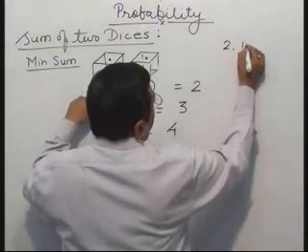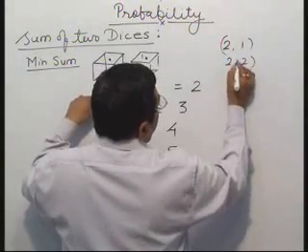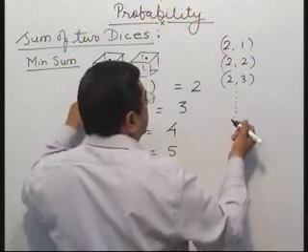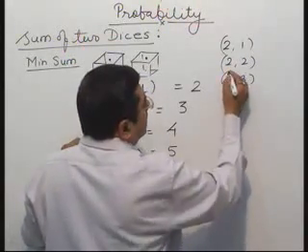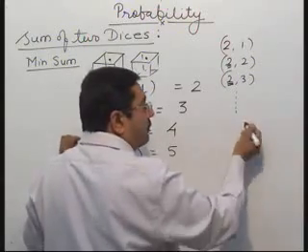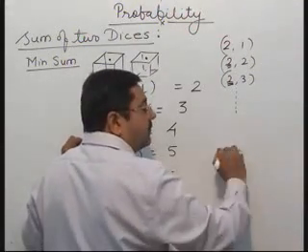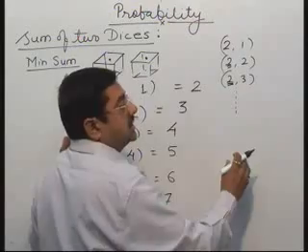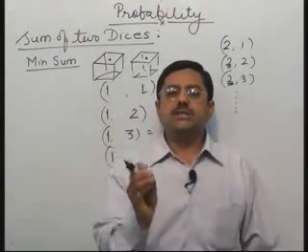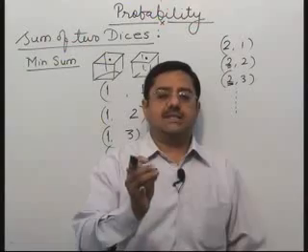Then 3, 1, 3, 2, 3, 3, 3, 4, 3, 5, then 4, 1, 4, 2, 4, 3, 5, 1, 5, 2, 5, 3 and 6, 1, 6, 2, 6, 3. If you plot all these numbers, it is called sample space.